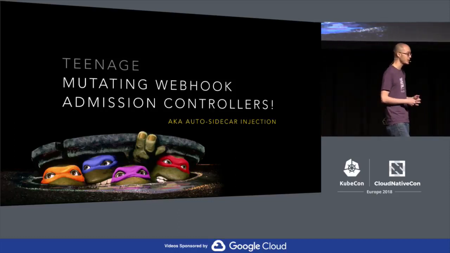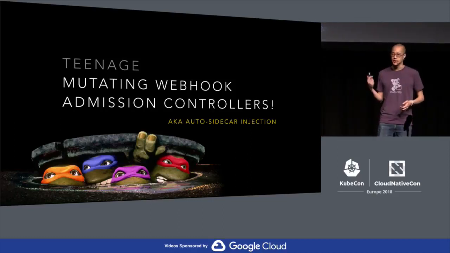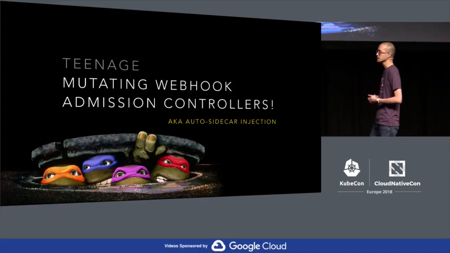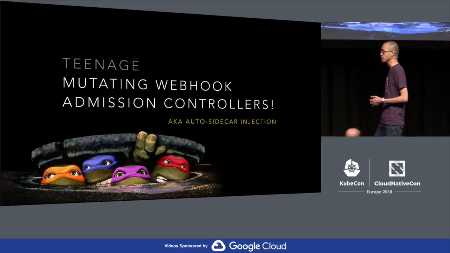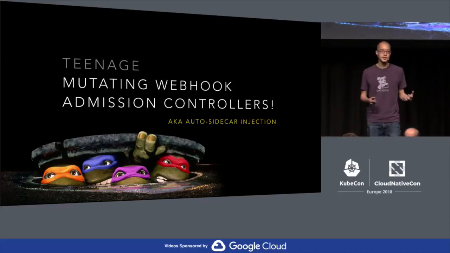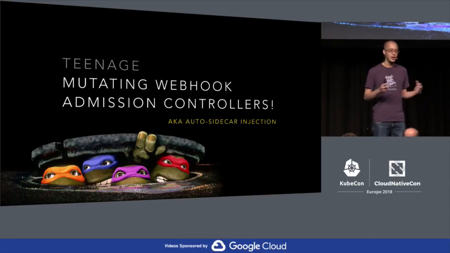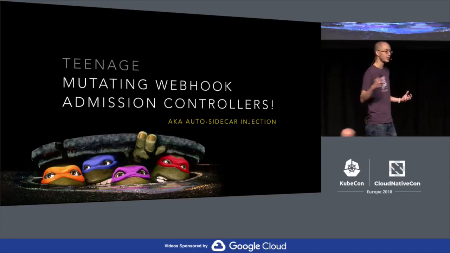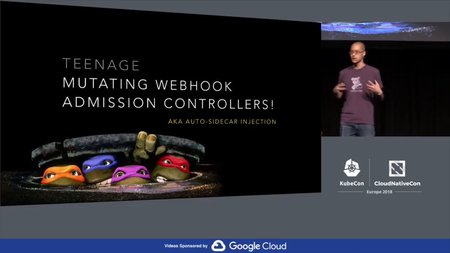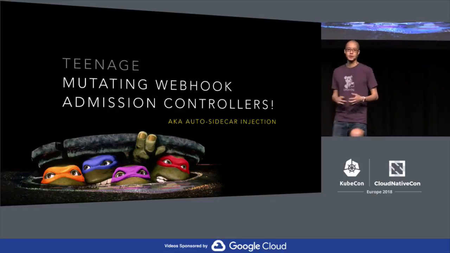The cool thing, though, that I'm pretty excited about is auto sidecar injection. And this is fairly new. So it starts with mutating webhook admission controllers. What that really does is it sits in between the authentication for Kubernetes and before that object is persisted. It allows things to modify what goes into Kubernetes.